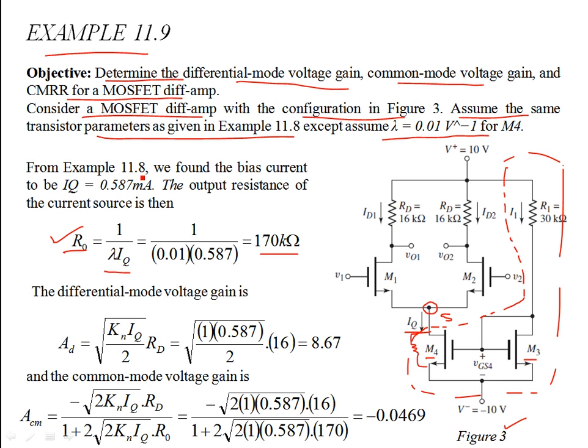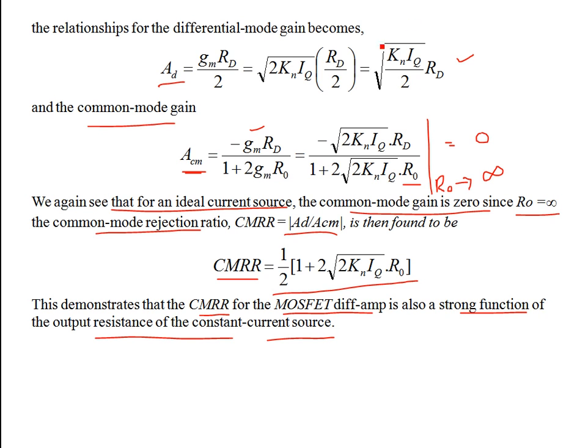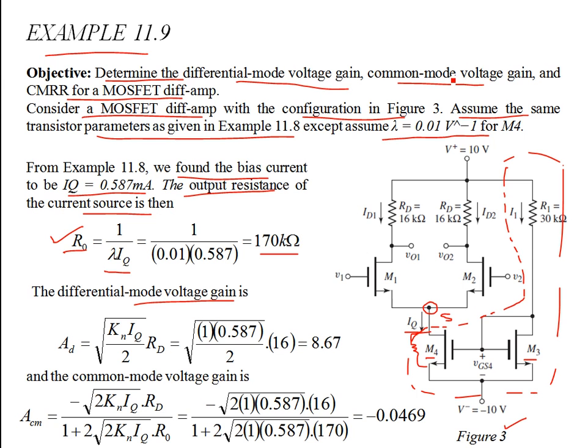From example 11.8, we found the bias current was 0.587 milliamps, and the output resistance of the current source now is 170 kilo-ohms. For the differential mode gain, just plug the values for the conduction parameters, IQ and RD into this expression. RD is given as 16 kilo-ohms, and IQ is 0.587 milliamps, from the previous example.